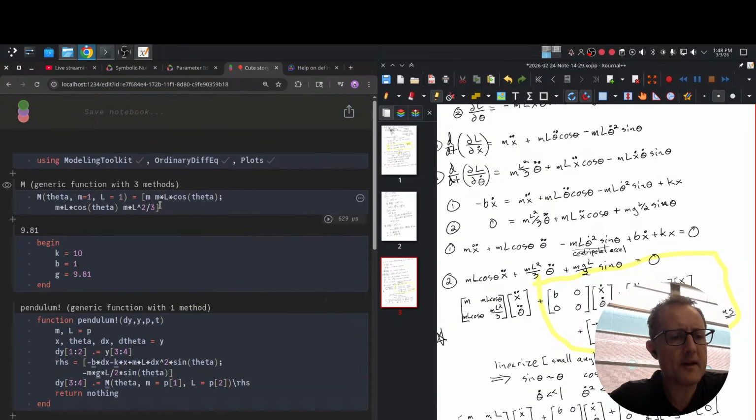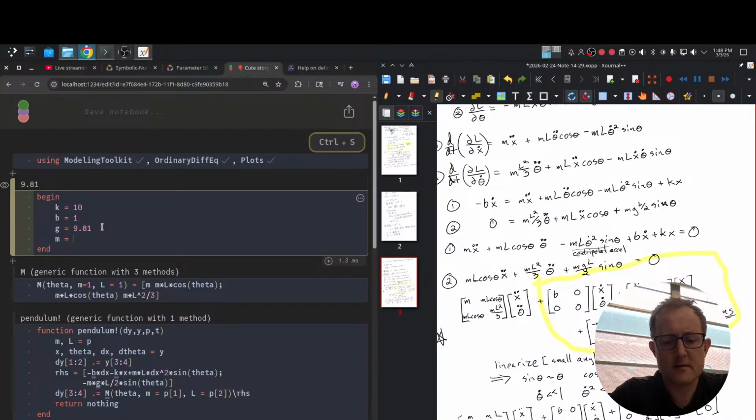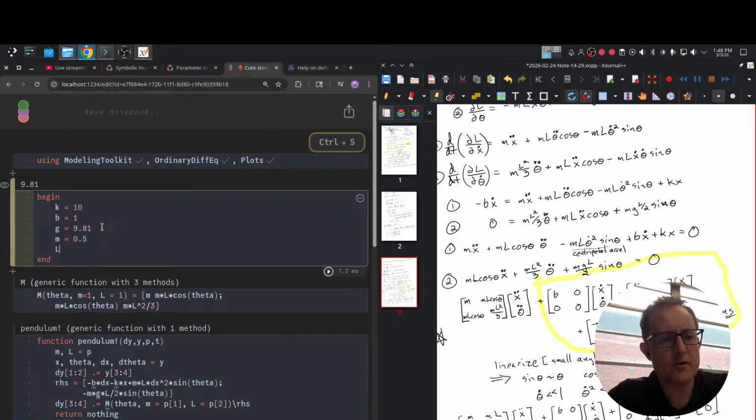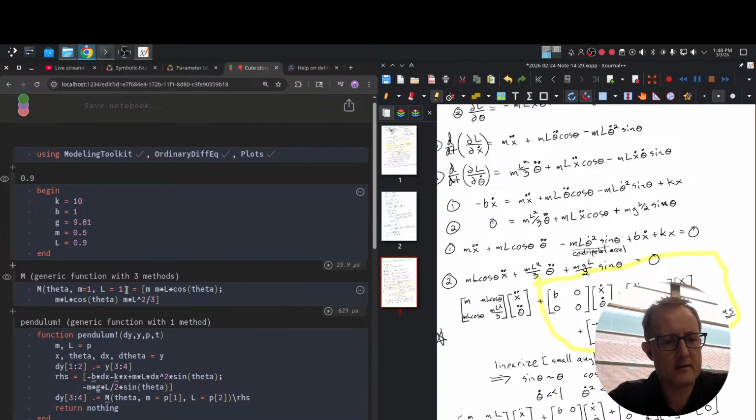Maybe it would help if I just move this. Say m is 0.5, L is 0.9, just so it's not 1 and 1 here. And then instead of making this a function of all that stuff, I'm going to do this.